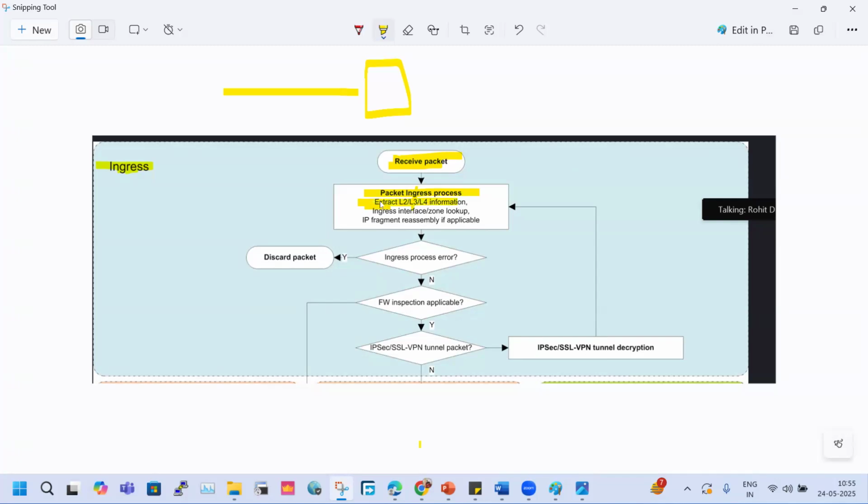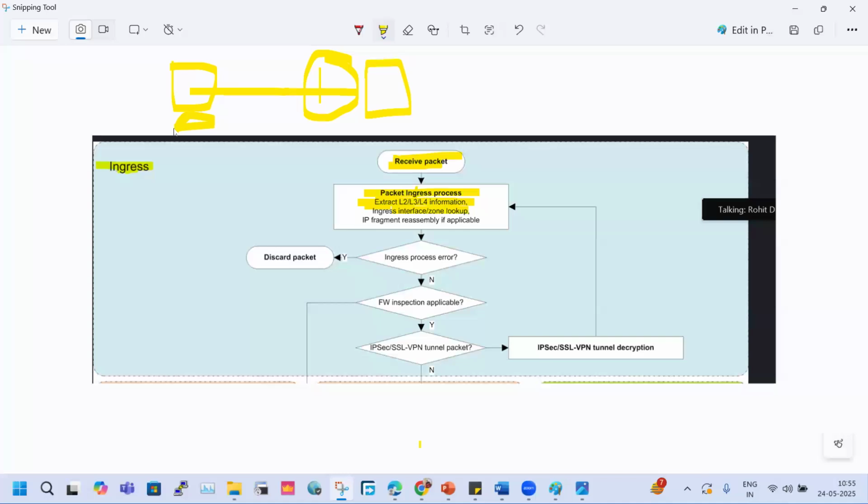It will try to extract all those things from the incoming packet, and it will check the interface and the zone lookup. Since Palo Alto firewall is a zone-based firewall, if you have a machine connected to your firewall, it must belong to one zone. So it will fetch the interface detail, and from that interface, check which zone the traffic is coming from.